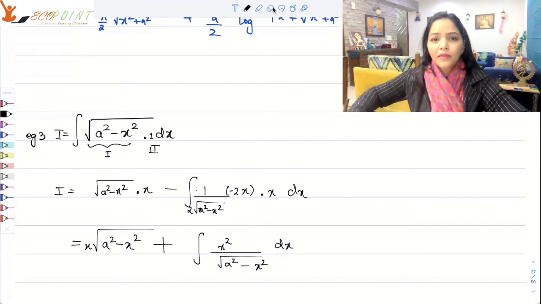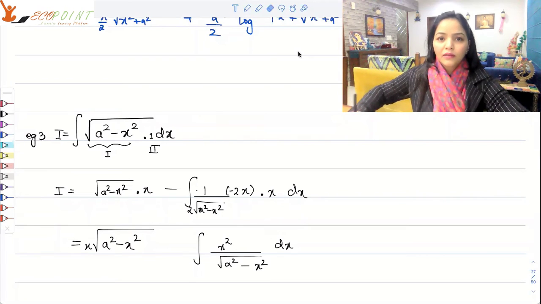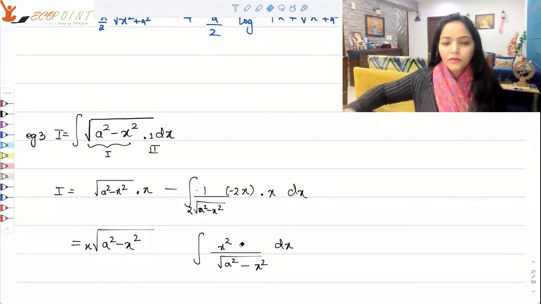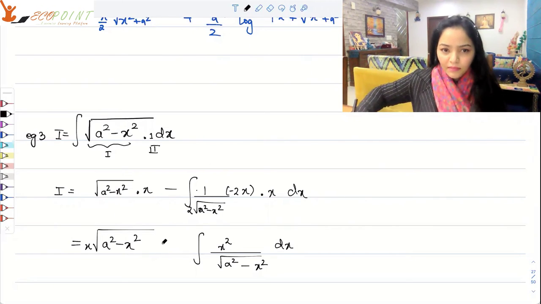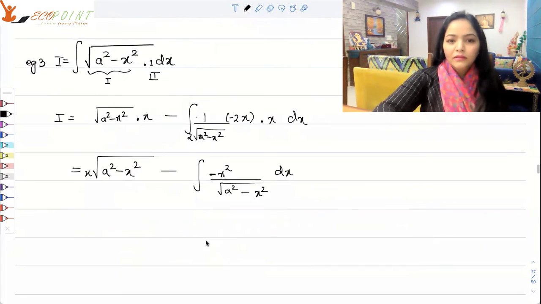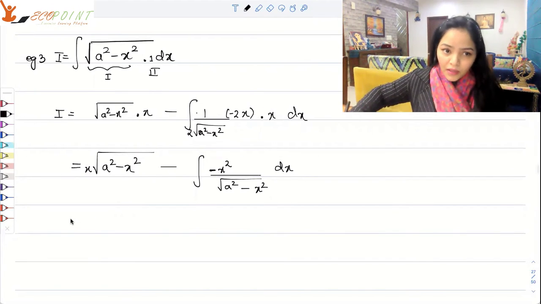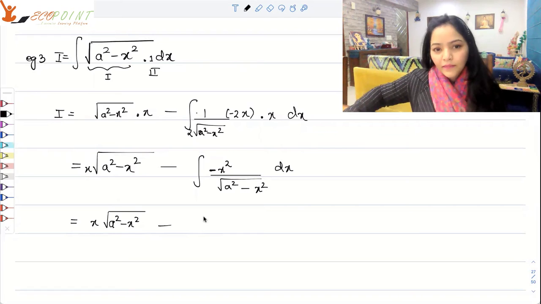Or maybe what I can do is I can just keep this here and we have minus x square inside. Why? Because I have a square minus x square in the denominator. So let me keep minus x square there: a square minus x square minus a square.